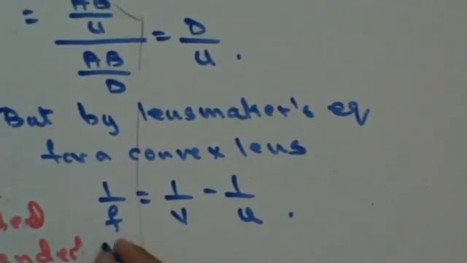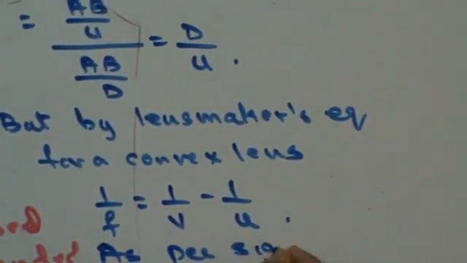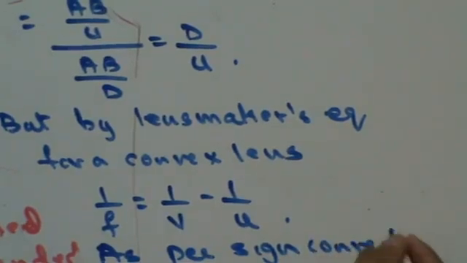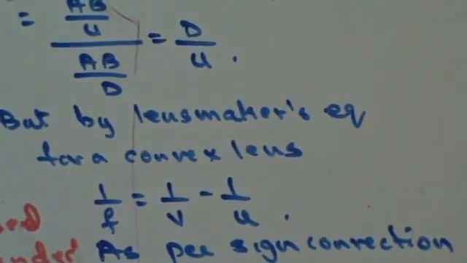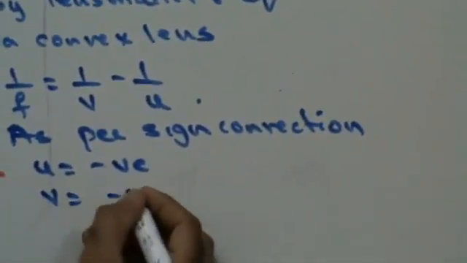Now, as per sign convention, u and v are both negative while f is positive.